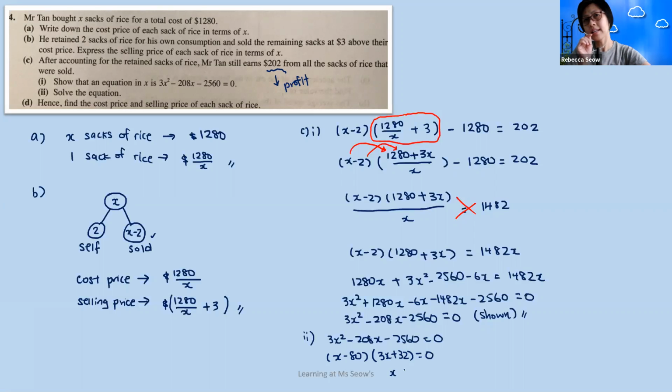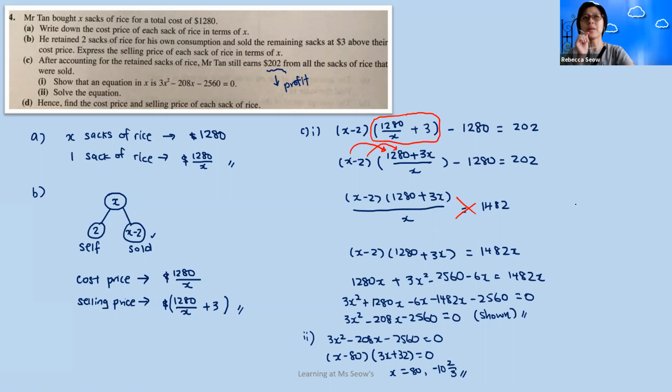And hence, x is equal to 80 or minus 10 2/3. At this point, we do not reject any answer yet because the question didn't ask us to solve within the context of the cost of the sack of rice or any other thing yet.